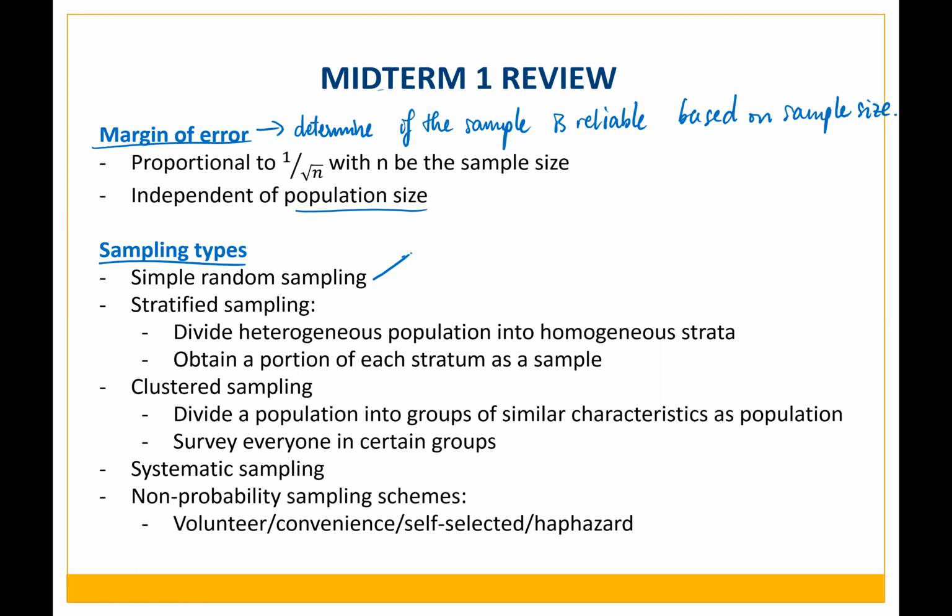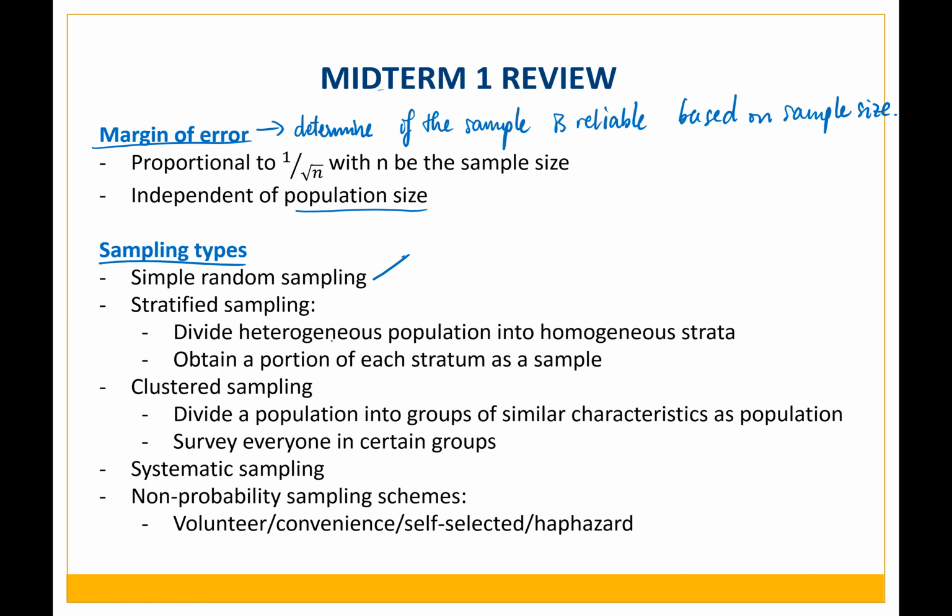Or we have two special techniques called stratified sampling and cluster sampling. So stratified sampling is when you have a big population with a lot of characteristics, but you divide it into smaller groups with certain characteristics for each of them, and just pick a small portion of each of them. And now all of those little samples combined together become your overall sample.